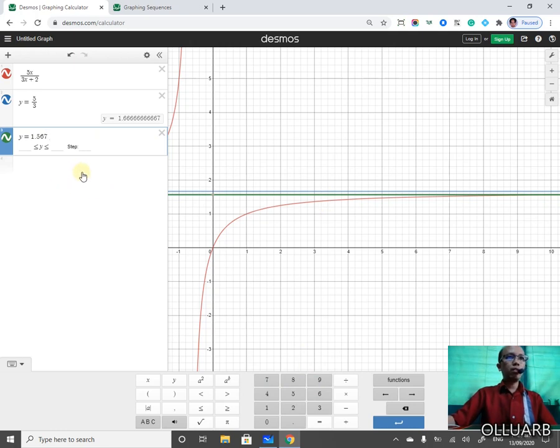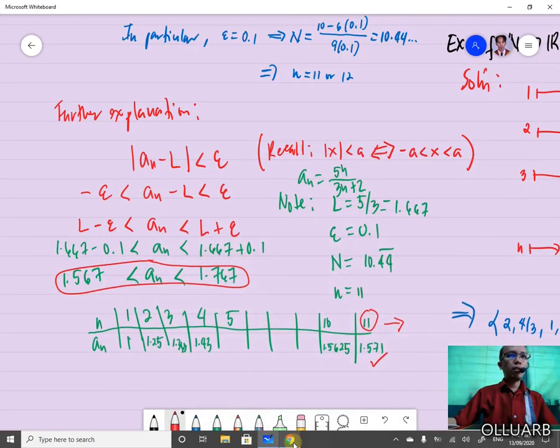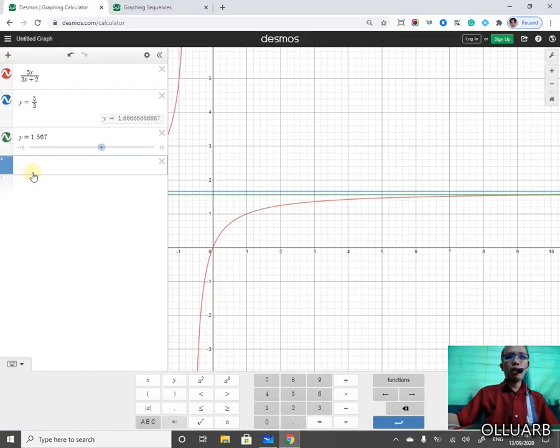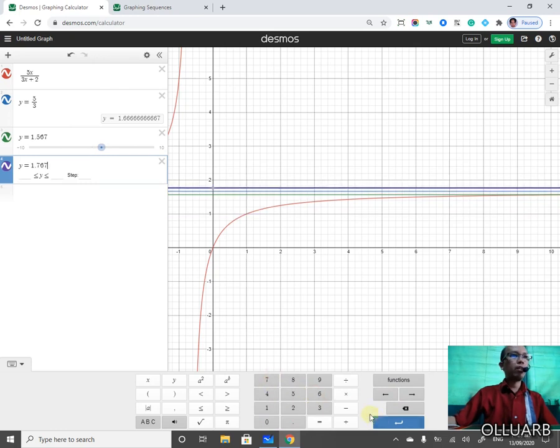And also enter another, y is equal to 1.767. Okay, hit the enter.